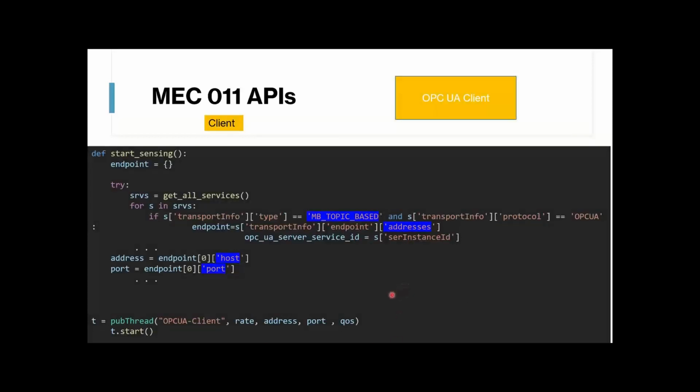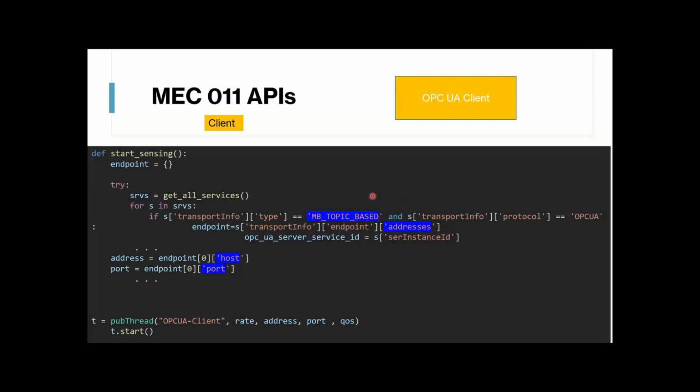Here is the code at the client side. We can see that the function starts by searching inside the MEC platform for a service that is characterized by OPC UA as a name, and topic-based as the transport type used by the service.